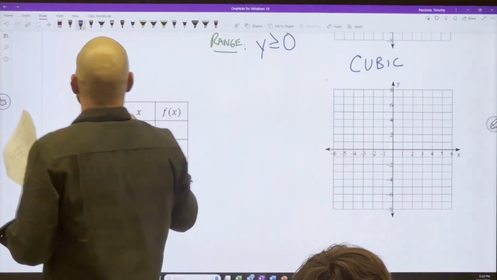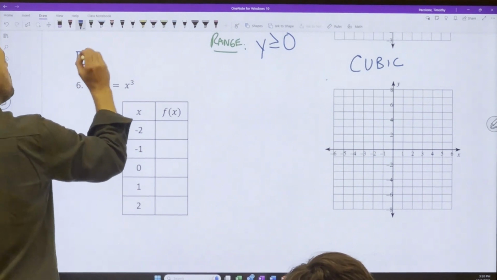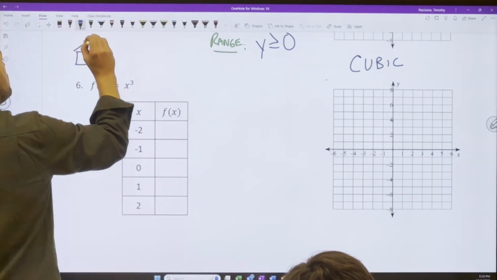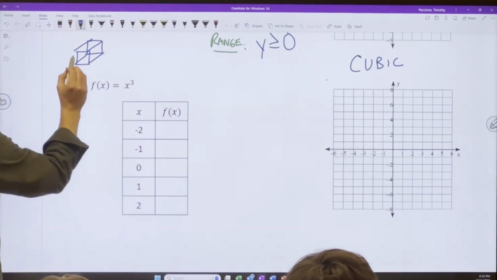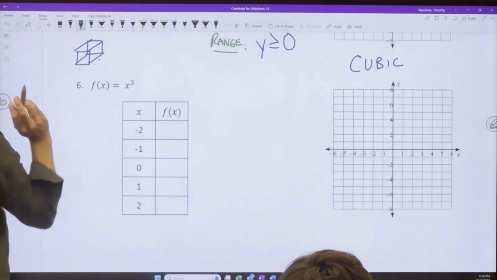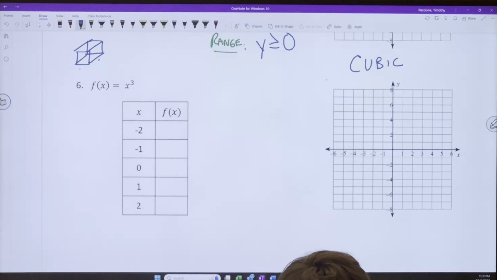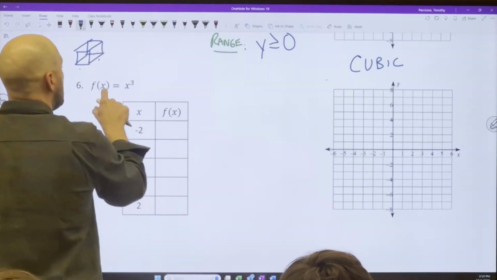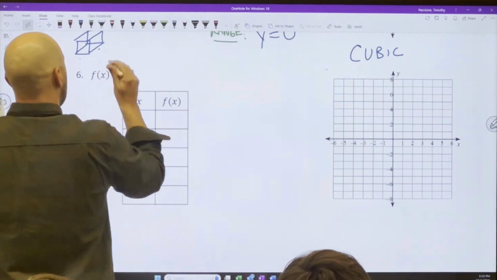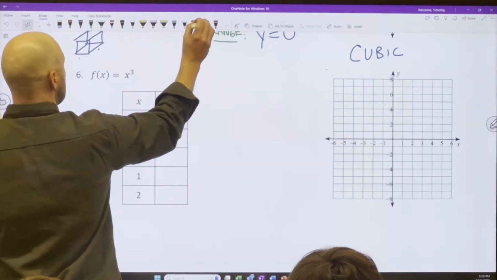By the way, we call it cubic because if you have a cube, there are 3 dimensions. There's length, width, and depth. That's 3 dimensions. You'd have to multiply all 3. It's cubic.